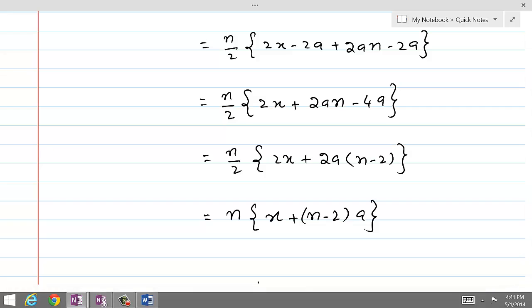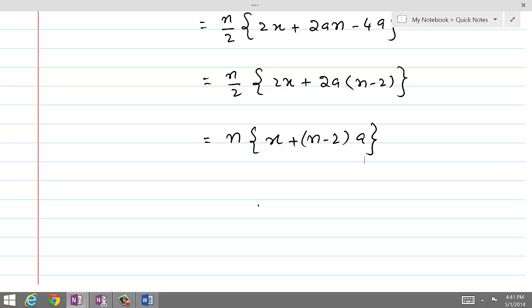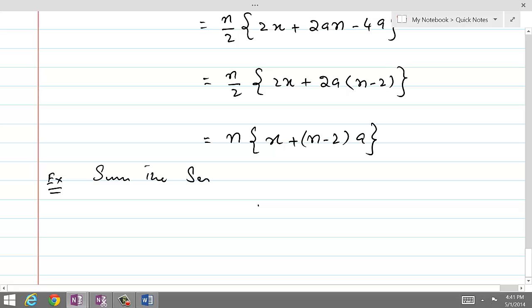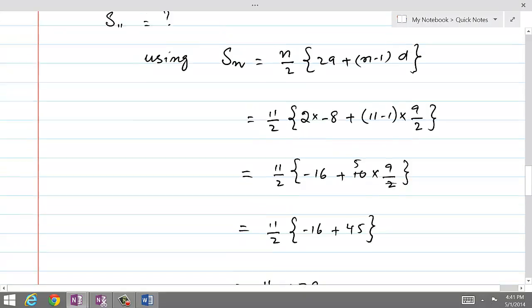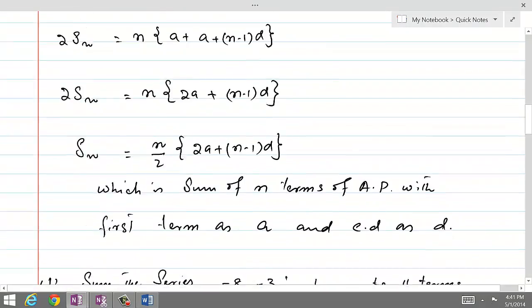Now the last question we are given in this lesson is example number 3. Sum the series. What is the series being summed here?